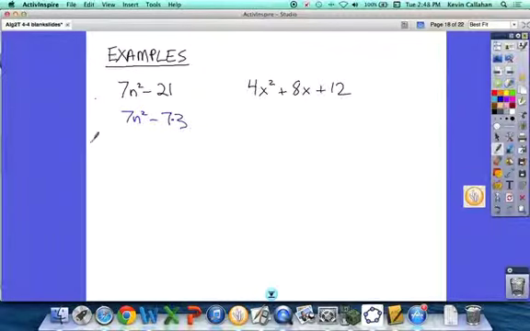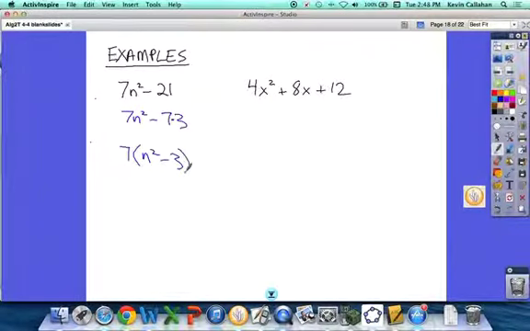So what's in common is the 7. So you take out 7 outside parentheses, and then what's left inside? What would you get if you divided 7n squared by 7? Just the n squared. What would be left if you divided the 7 times 3 by 7? Just the 3.